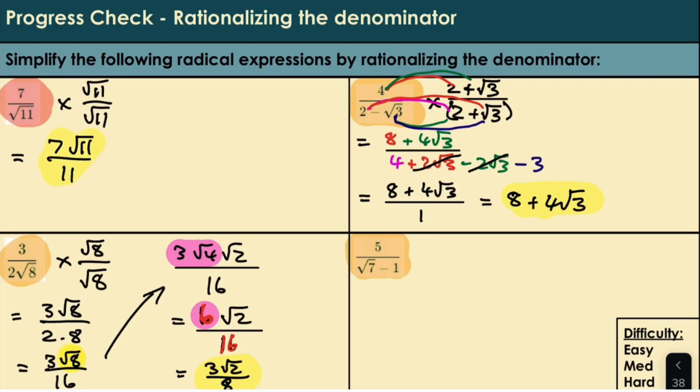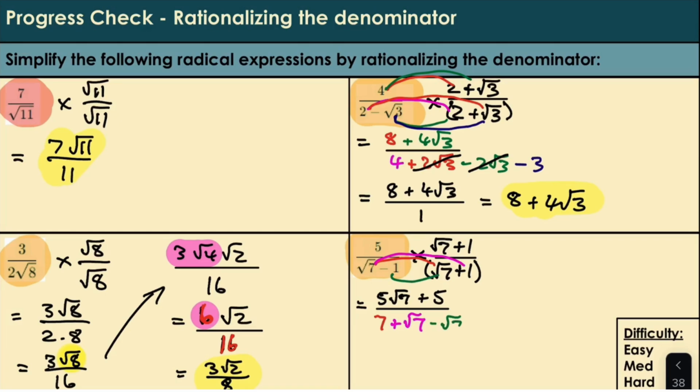Last question. Multiply by the conjugate on the top and the bottom. We have 5 root 7 plus 5. Root 7 multiplied by root 7 is 7. Root 7 multiplied by positive 1 is positive root 7. Negative 1 times root 7 is negative root 7.